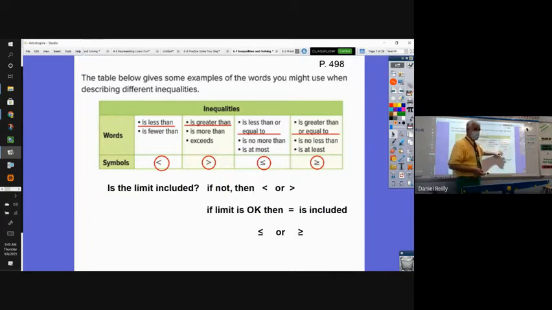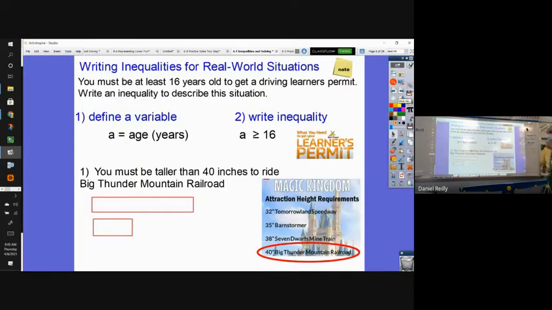So we'll see these more when we do word problems, but let's talk about, not in your book now, but on the notes page, where we use these inequalities and why we're going to learn how to solve some of them. All right, so this is on the notes page that I passed out. You have to be at least 16 years old to get a learner's permit, a driving learner's permit.